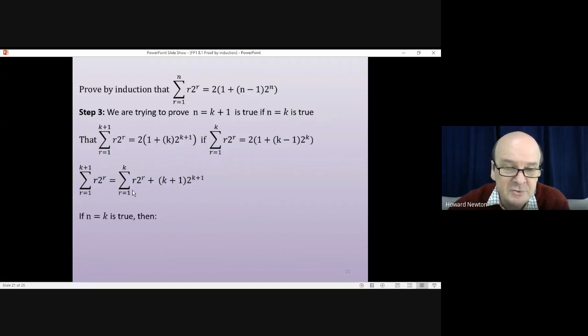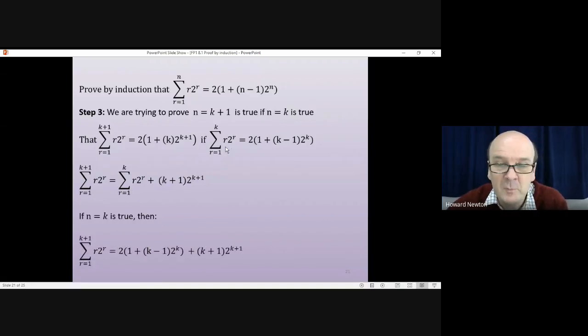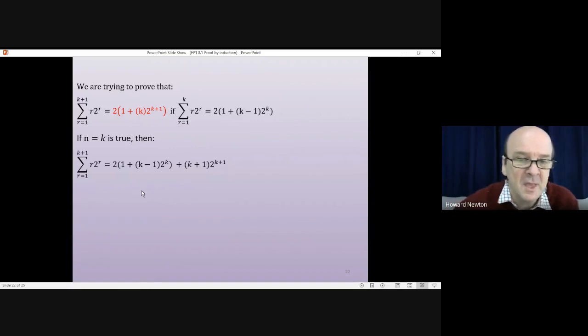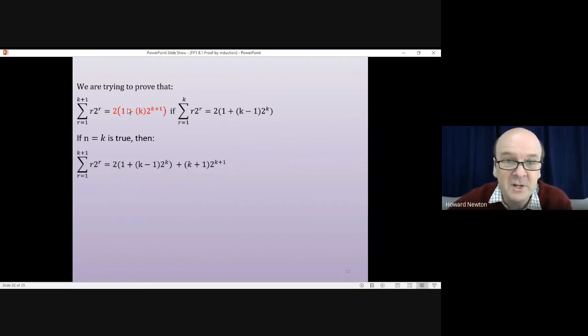So if n equals k is true, we can do that. And here we've substituted in the formula for n equals k into that part there. This is just rewriting the same thing again, nothing new there. In red is what we're heading towards. That's what we're trying to get. And we need to factorize and do stuff with this until eventually it looks exactly the same as that.